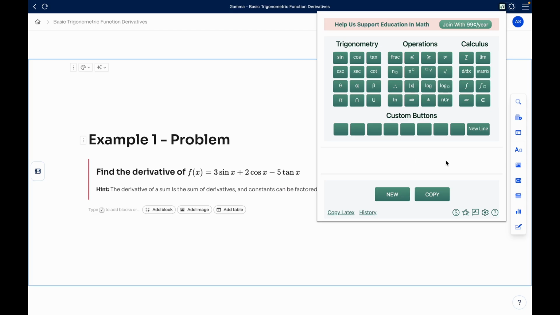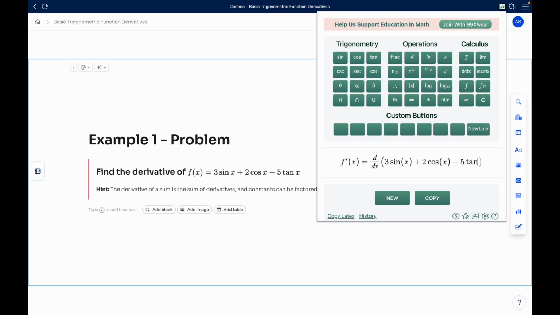So, what we have of x is equal to 3 times the derivative of sine of x, or if we want to be traditional, we can say f dash of x is equal to d by dx of 3 sine plus 2 cosine of x minus 5 tangent.